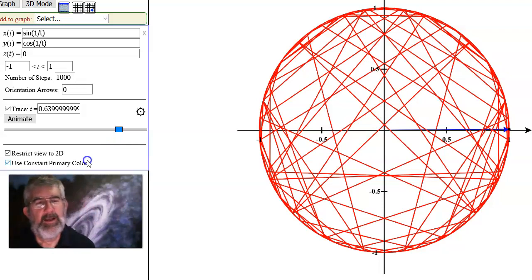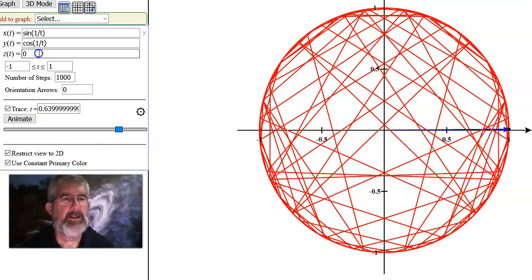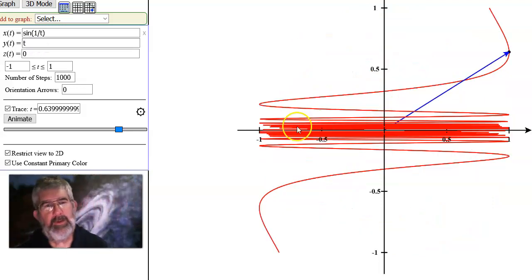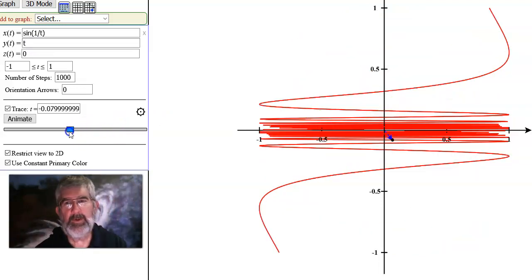Individually, let's look at what the x-coordinate is doing. So I'm going to just say t. So here's what the x-coordinate is doing. The x-coordinate is just going back and forth between -1 and +1 and -1 and +1, and you can see through this section.